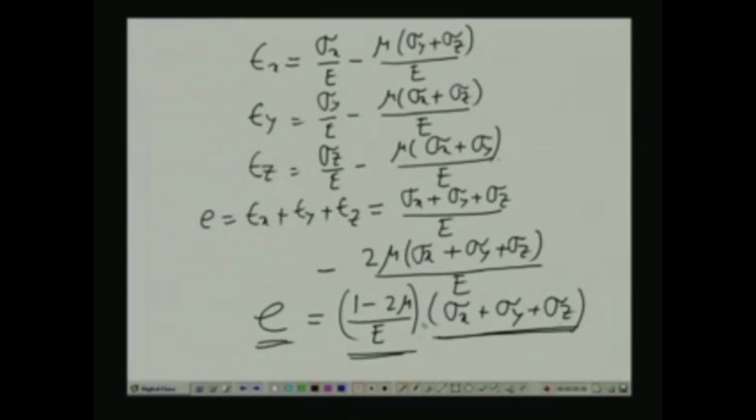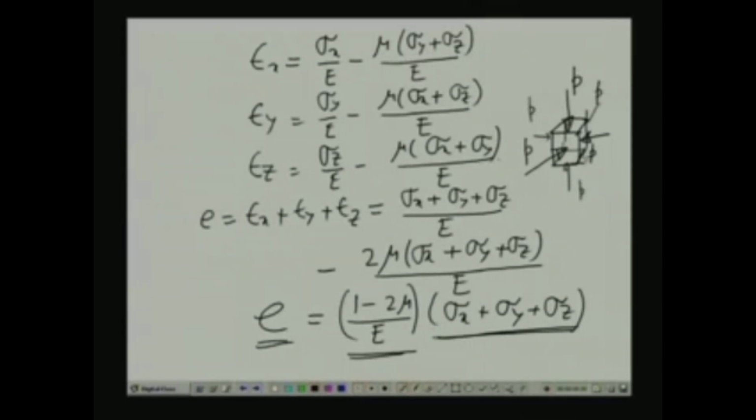Now, if we take that small body from which we have evaluated this quantity, and say that the stresses acting on this particular body, sigma x, sigma y and sigma z, are all of magnitude p and acting in the compressive direction on all sides, this is what we call a state of hydrostatic pressure.